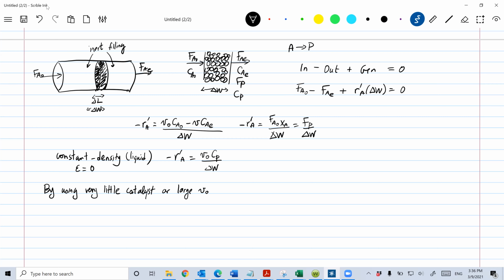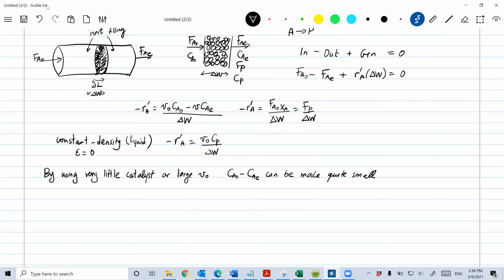So if you have a large volumetric flow rate or very little catalyst, that CA0 minus CA can be made very small. Okay, that CA0 versus CA can be meaning that there is very little conversion, so whatever converted is a couple of percent.